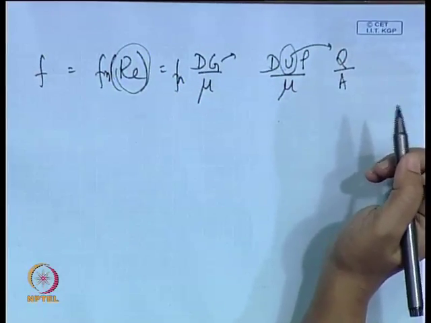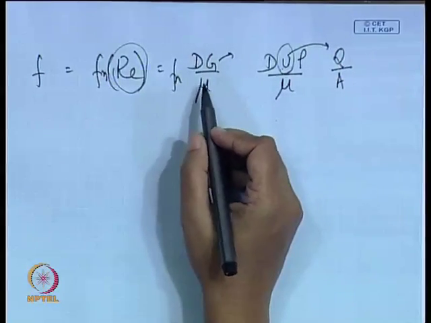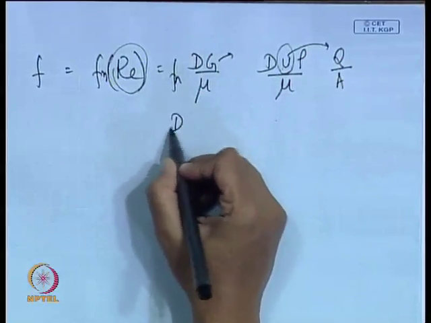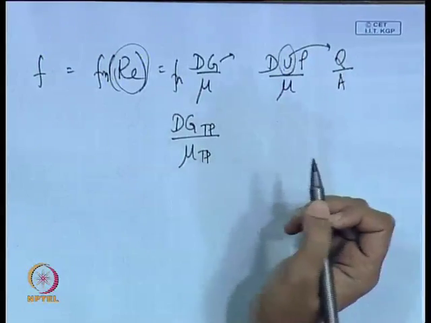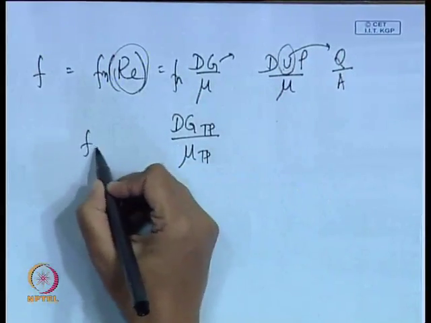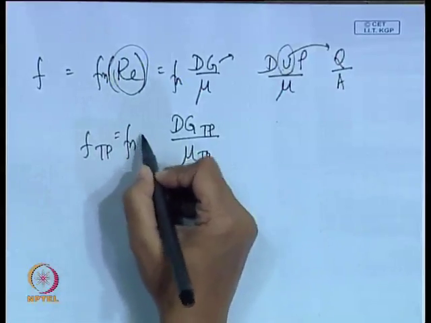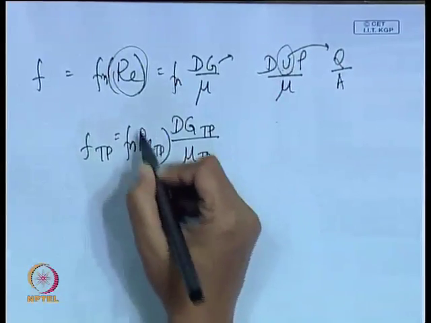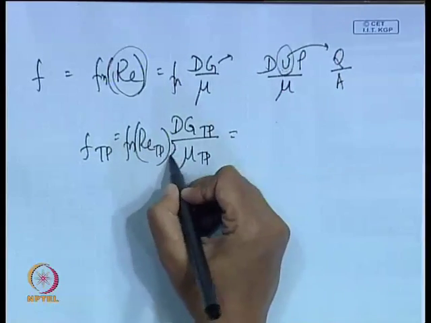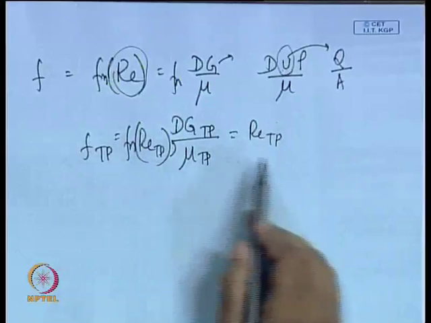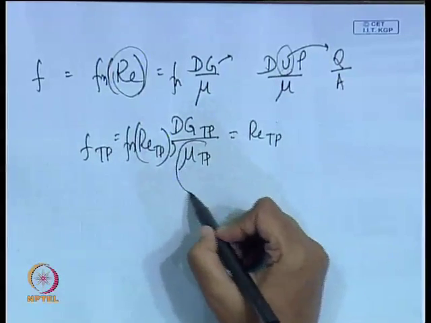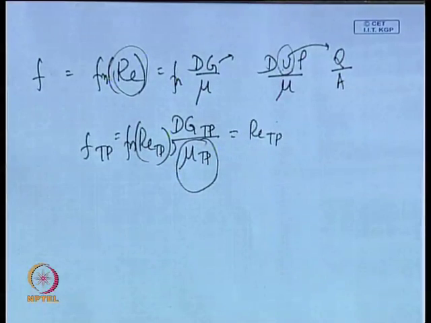Similarly, if we consider the homogeneous flow model, the same way we could write d G_TP by mu_TP. I discussed this in the last class as well. This is f_TP, a function of Re_TP, where Re_TP equals d G_TP by mu_TP. But we found that even for such a simple case, finding mu_TP is a challenge. Okay?